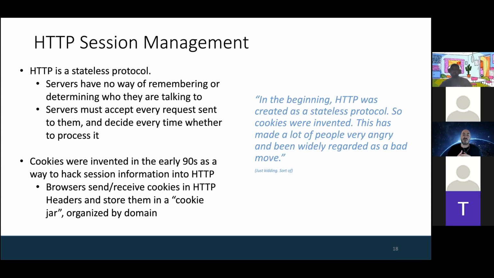So cookies were invented as a way to create a session, like a hack of sorts, to actually be able to establish persistence. The first time I talk to CNN, the server responds with Set-Cookie, let's say 123. And then every time I visit another page, I send that cookie.